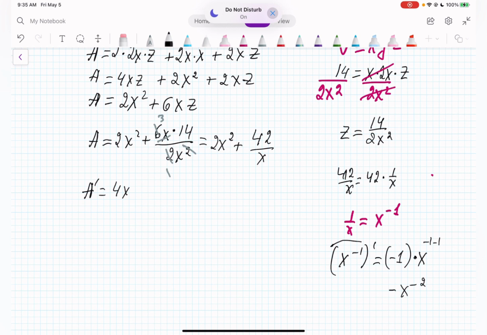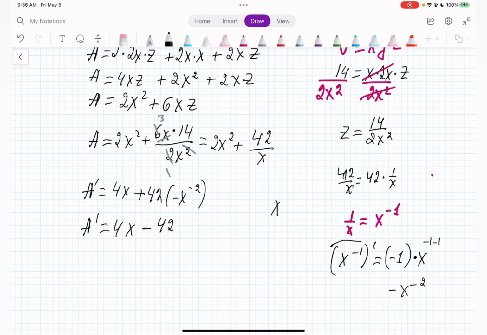So plus this 42 and negative x to the power negative 2. That is equal, A prime is equal to 4x minus 42, and x to the negative 2 is equal to 1 over x to the positive 2, so we divide by x squared.